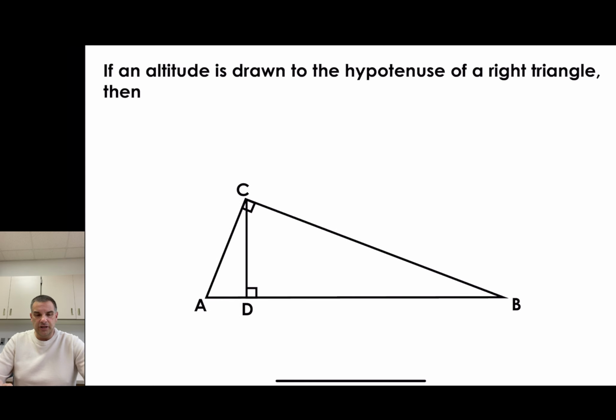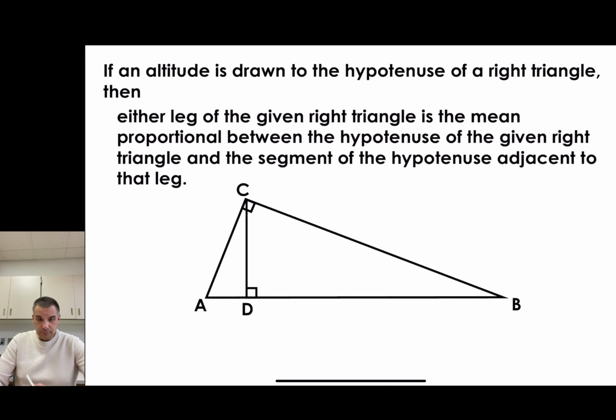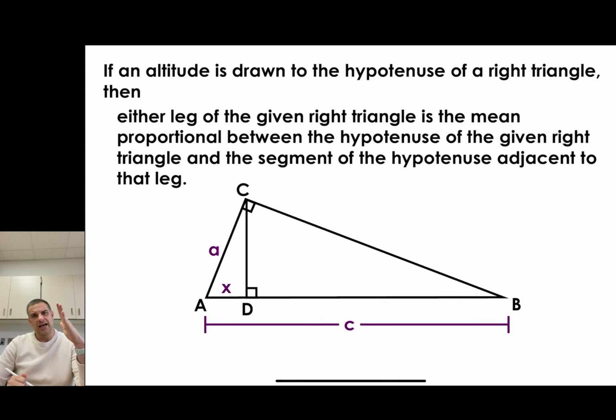The second type we could have is, let's say we're given that leg over here, and we're given this little segment along with the hypotenuse. So we're given a leg, the segment that's associated with that leg, and the hypotenuse.